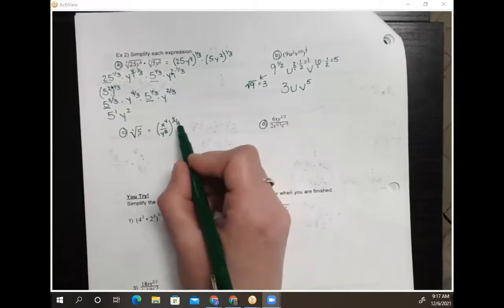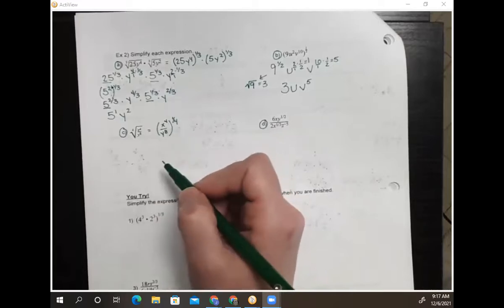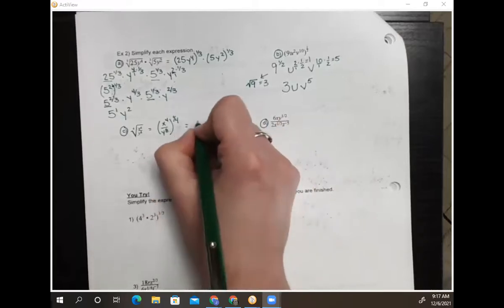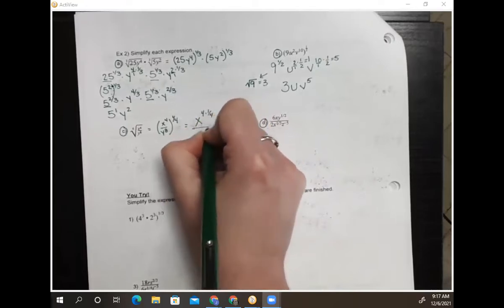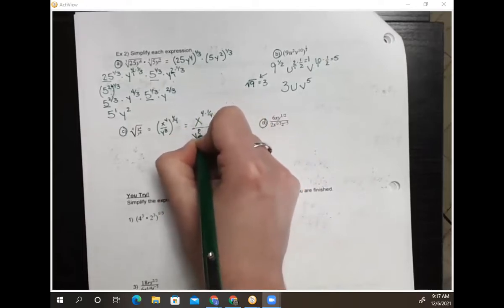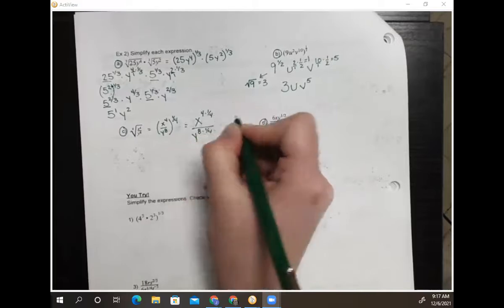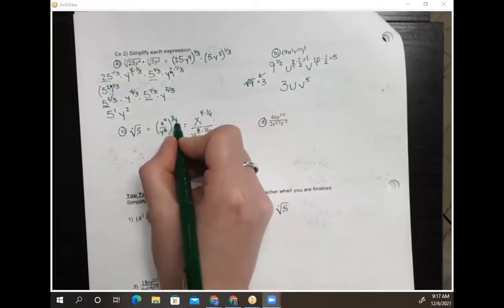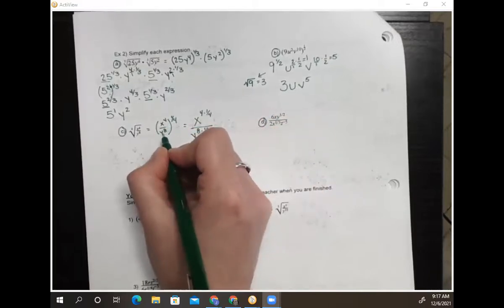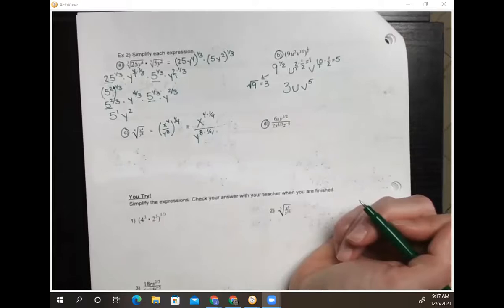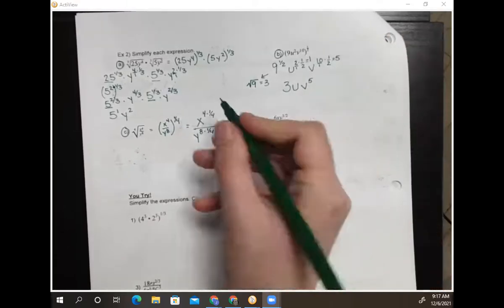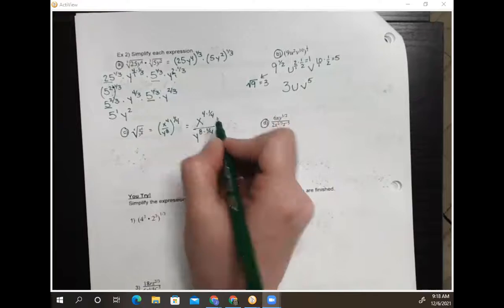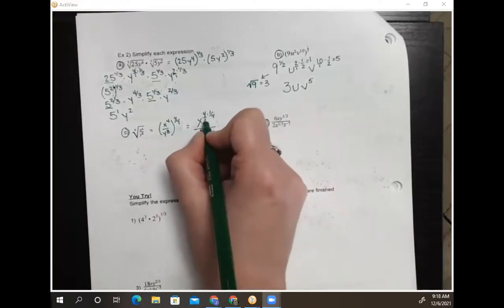And now I know how to handle an exponent outside of parentheses. It goes to everything in the parentheses. So this would be x to the 4th times 1/4 over y to the 8th times 1/4, right? I distributed that 1/4 power that was outside to both the pieces inside. Okay, we've done this before. We did it up here, right? And since I had powers already, power to a power, we multiply.